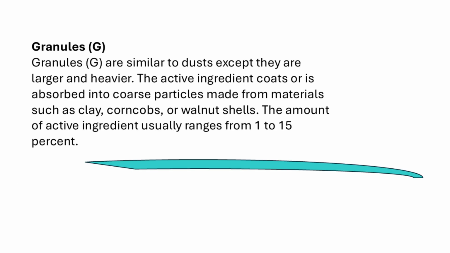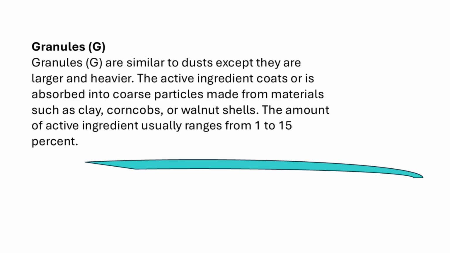Granules, also known as G. Granules, G, are similar to dust, except they are larger and heavier. The active ingredient coats or is absorbed into coarse particles made from materials such as clay, corn cobs, or walnut shells.